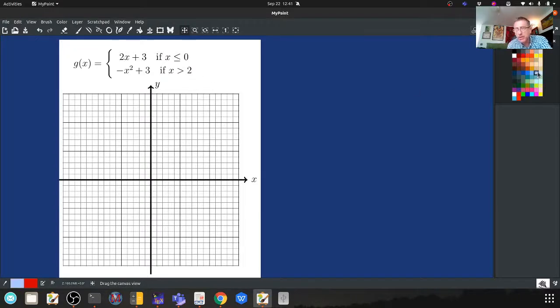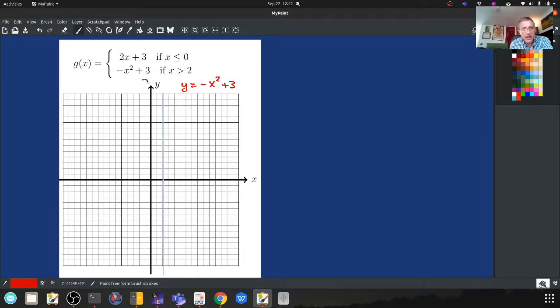So I'm going to go ahead and graph a line at the split. That tells me I can't cross that line. And for x greater than or equal to 0, I have y is equal to minus x squared plus 3.